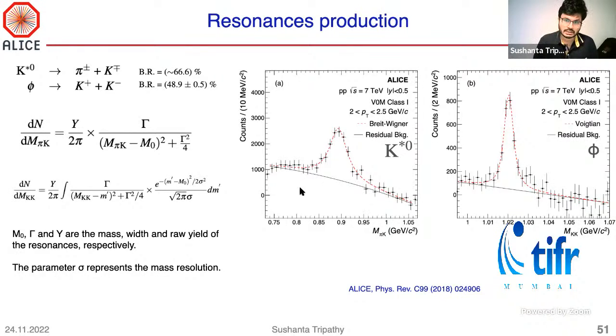This has been fitted with a Breit-Wigner distribution function and a Voigtian distribution function. The Voigtian distribution function is basically the convolution of Breit-Wigner with a Gaussian, and as phi has a very small width, one has to take into account the mass resolution. That's why we have this convolution with a Gaussian distribution.